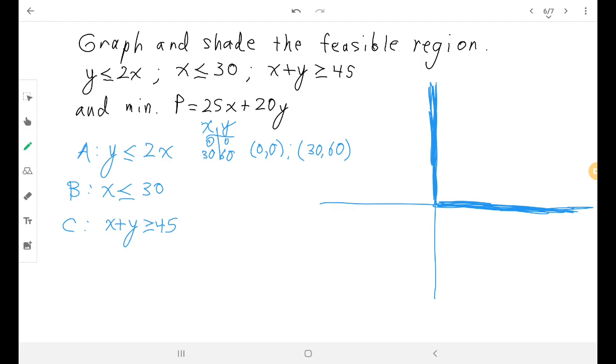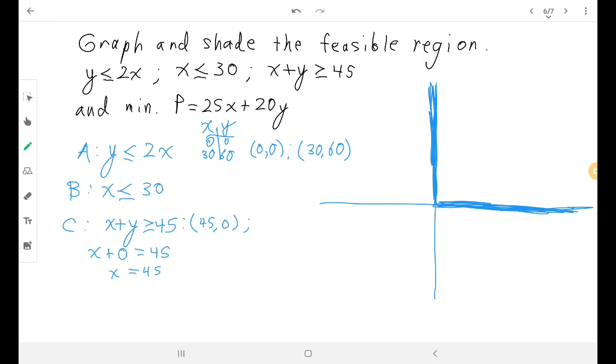We could do x-intercepts here, and y-intercept here. If we do x-intercept, we're looking for the x value when the other one is equal to 0, and we'll change it to equals, and that'll be x equals 45. So one of our points will be 45 and 0.